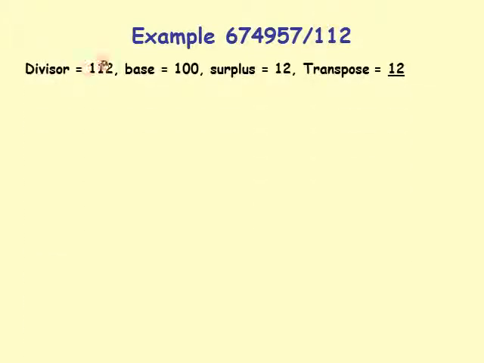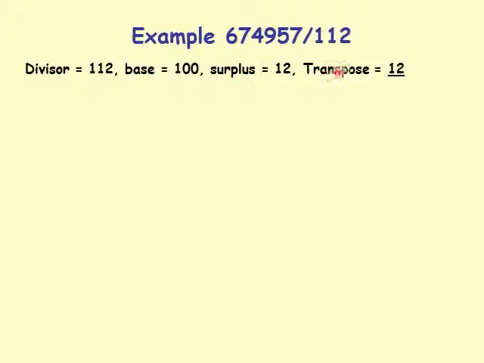Okay, let's consider an example of 674957 divided by 112. Now I'm considering a 3-digit divisor. Let's continue here. So the divisor is 112, the natural base number is 100. The surplus is 12. 112 has a surplus of 12 from base number 100.